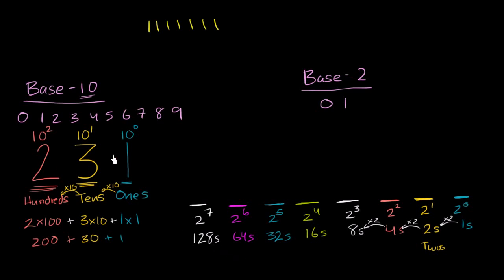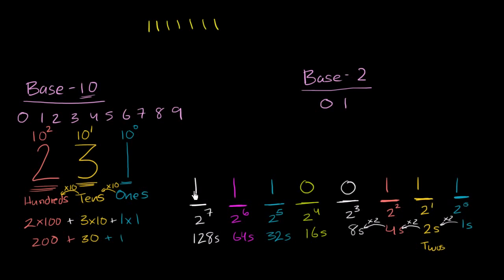It turns out that this number in decimal can be represented as 1, 1, 1, 0, 0, 1, 1, 1 in binary.